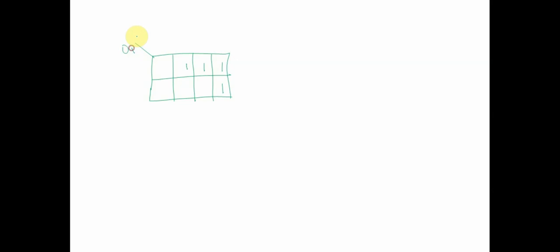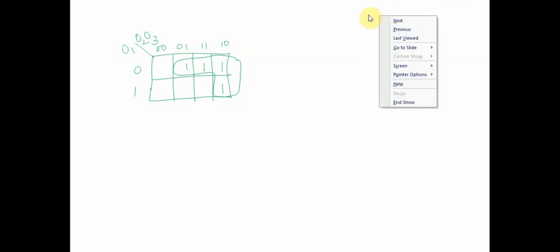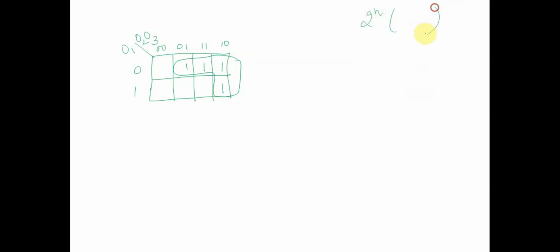Let's assume we have 3 outputs O1, O2 and O3, with 0, 1, 0, 0, 0, 1, 1, 1, 1, 0. Now let's assume if I form a group like this, there are 4 ones in the group, but this is neither a square nor a rectangular group. So basically I said we can have a group of 2 raised to power n elements, where n can be 1, 2 or 3. But if you see over here, I created a group of 4 terms, but this group is neither a square nor a rectangle.